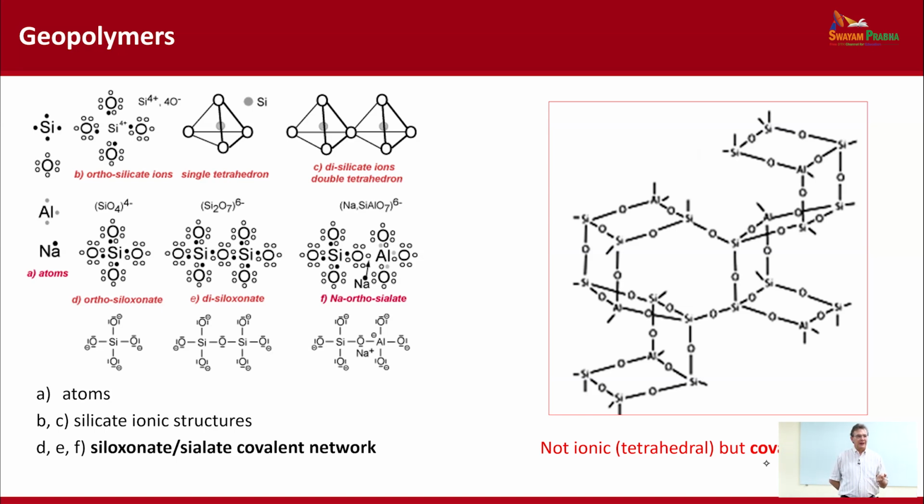Therefore, it is not a network former, but a network modifier. But if you have stabilizing cations, so if you have enough sodium or potassium ions to balance the lack of the fourth cation for the aluminum ion, then you can stabilize the aluminum into tetrahedral coordination rather than octahedral coordination.